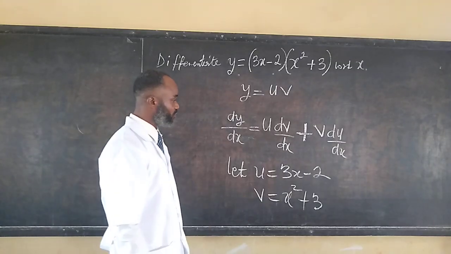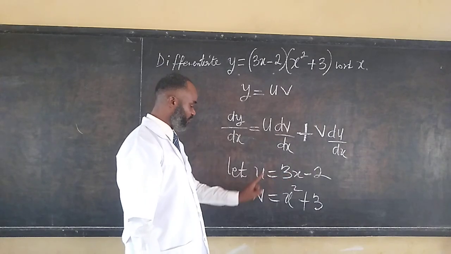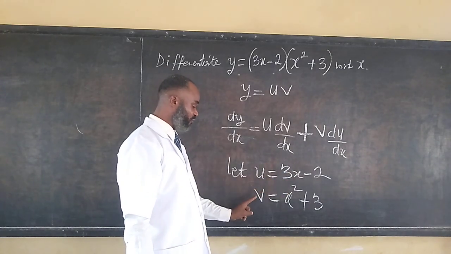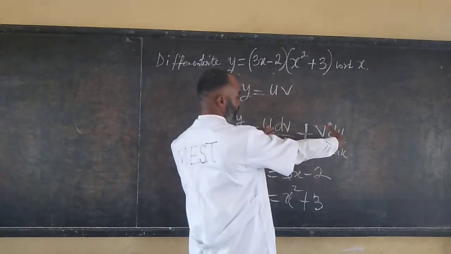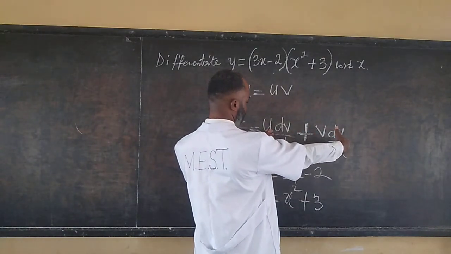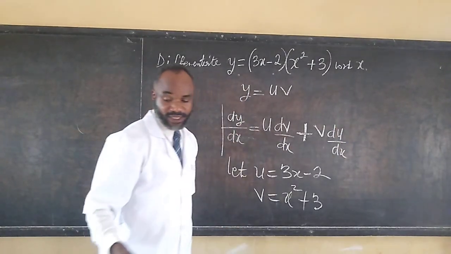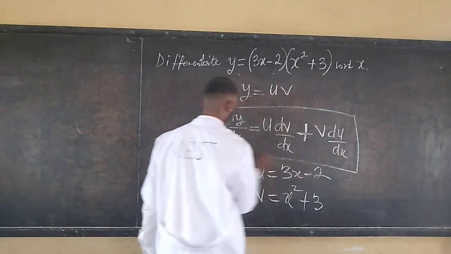The next thing we're going to do is differentiate u with respect to x, and then differentiate v with respect to x, after which we couple them into the original formula given. We're going to take time to illustrate this.